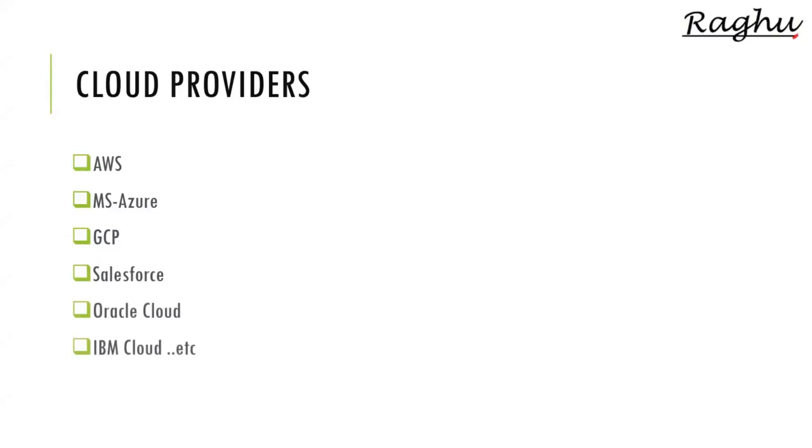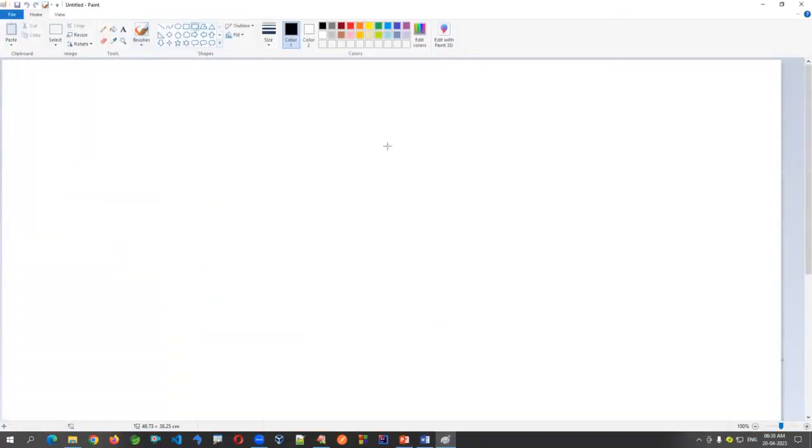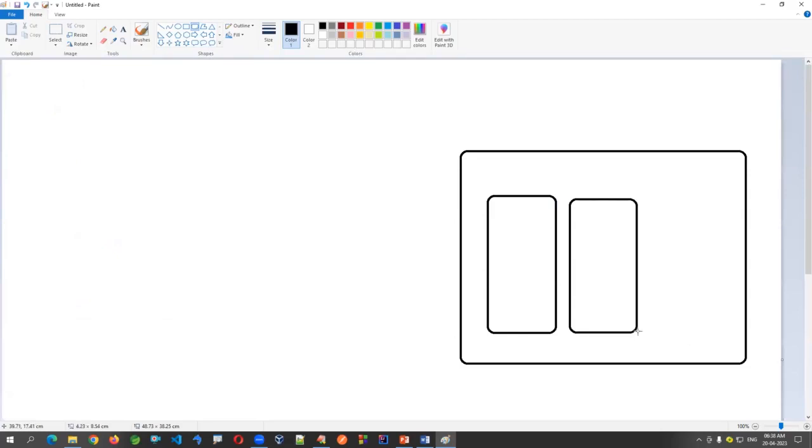What are the cloud providers? There are so many cloud providers: AWS, Microsoft Azure, Google Cloud Platform, Salesforce, Oracle Cloud, IBM, and so on. So understand here, there are some physical servers available. This is server machine 1, server machine 2, and server machine 3.